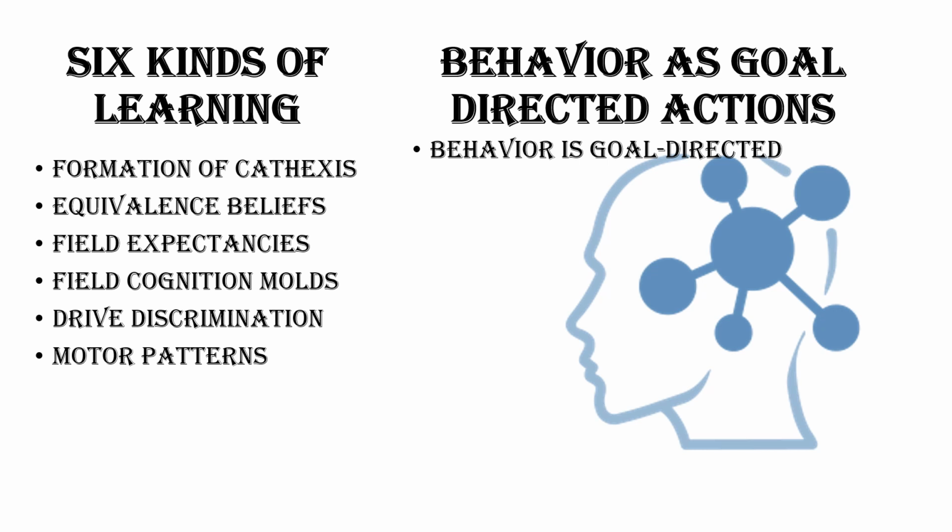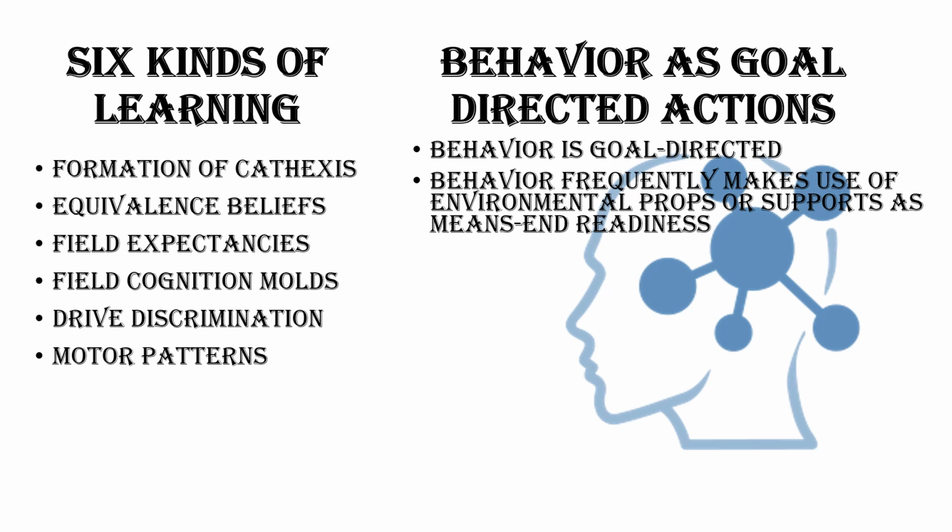Another one is that he believes that behavior frequently makes use of environmental props or supports as means and readiness. So for example, a man uses a ladder in order to get to the roof. The manner in which the organism makes use of paths and tools in relation to its goal characterizes molar behavior as planful as well as purposive.